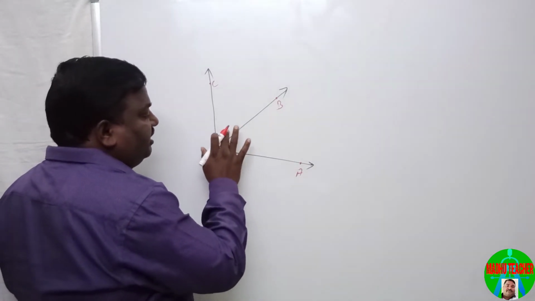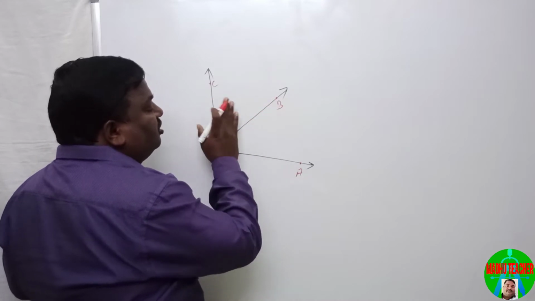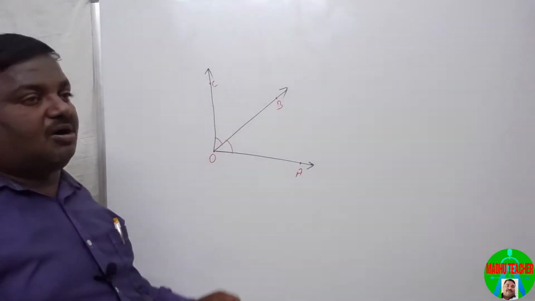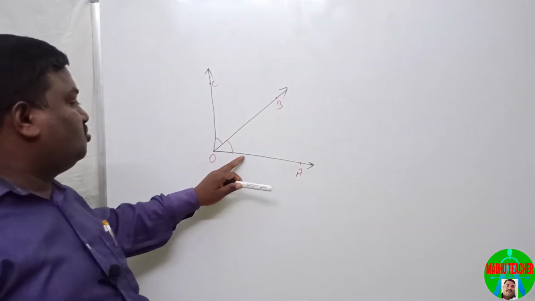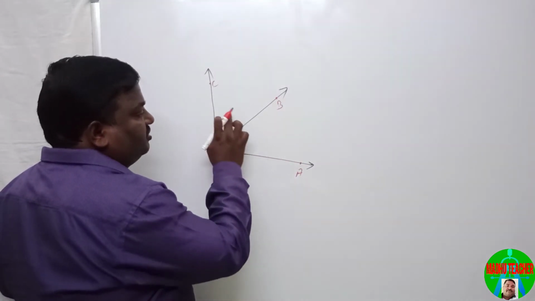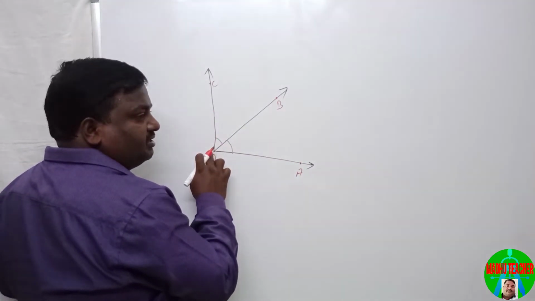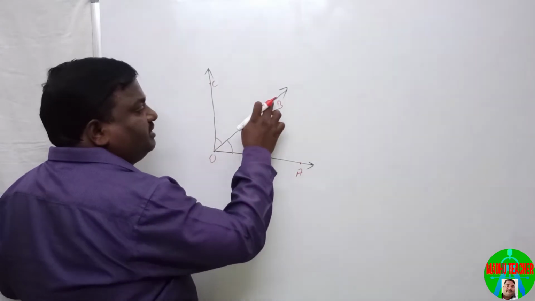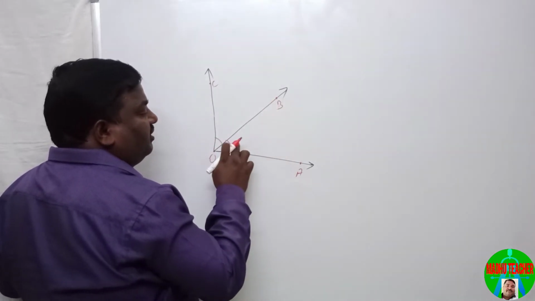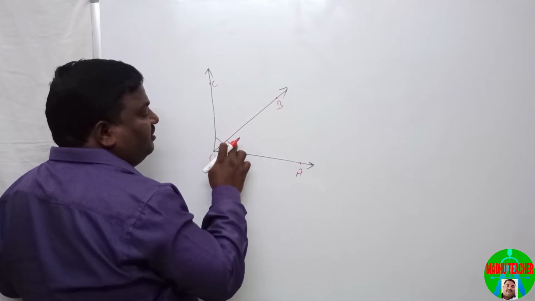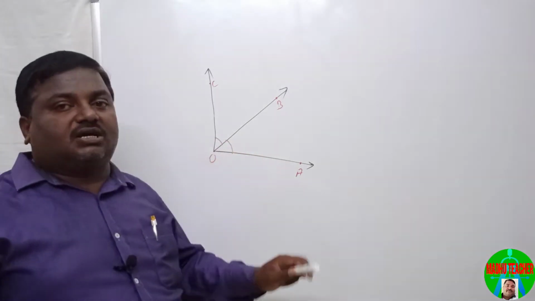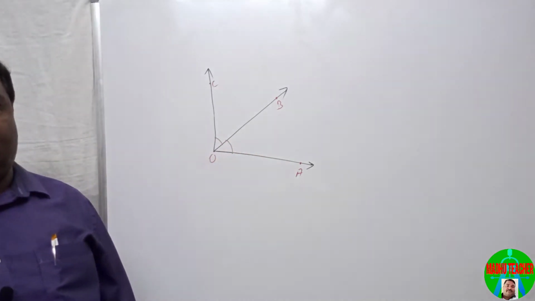OB is common to both the angles. These two are non-common arms. So there are three arms and a common vertex, and OB is the common arm. And these three arms formed two angles.